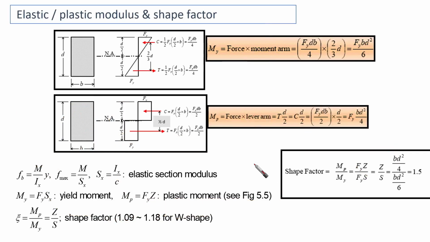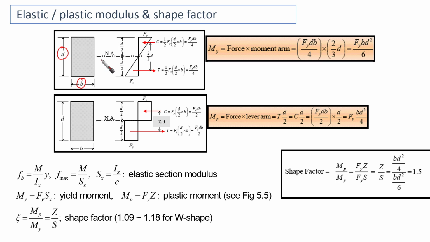So now let's go and try to find a relation between the elastic and plastic section modulus. Let's have this cross section here, which is a rectangular cross section with width B and depth D. And we are going to assume that it is in the elastic case.